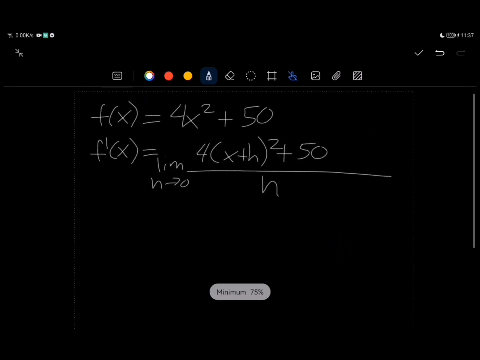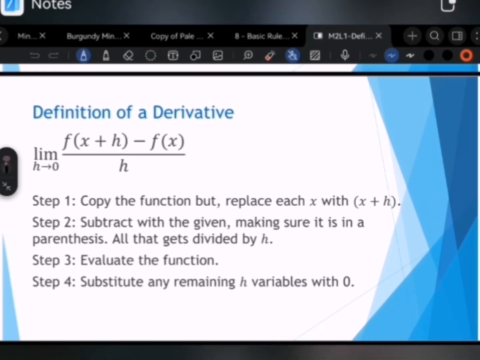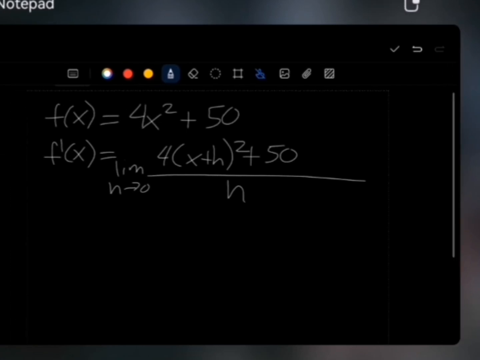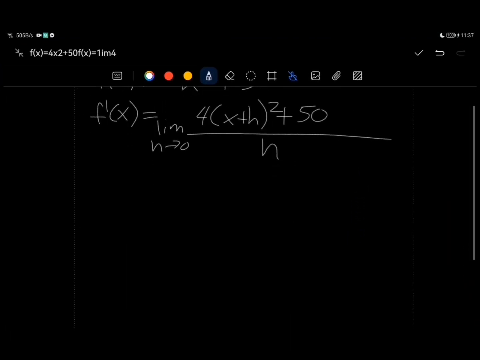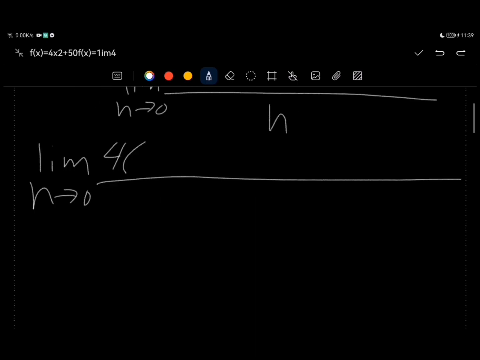Our second step tells us to subtract with the given, making sure that it is in parentheses, and all gets divided by h. So in writing it, that's the limit as h approaches 0 of 4 times (x plus h) squared plus 50.